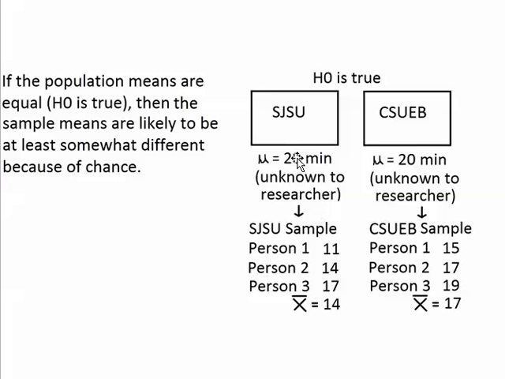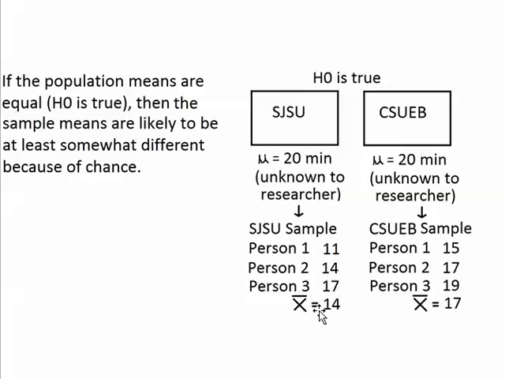So if these two population means are actually 20 and 20, like they are here, then the means of the two samples should be close together, or at least fairly close together, because this sample mean will fall somewhere near 20, and this sample mean will also fall somewhere near 20, which means that these two sample means should be close together.